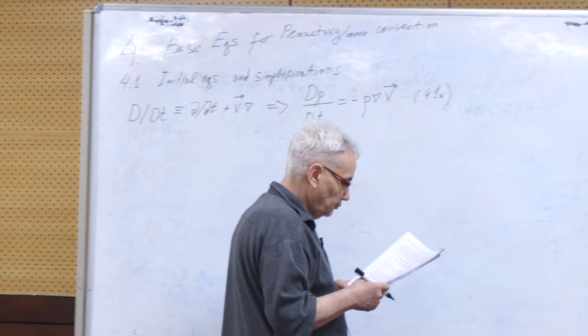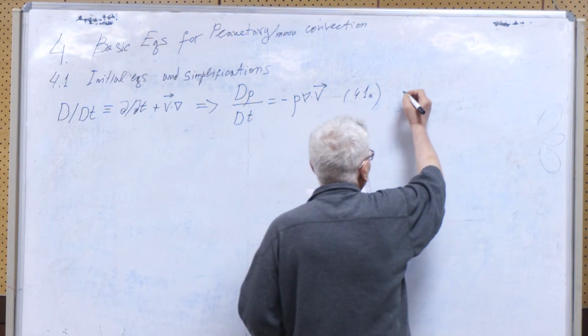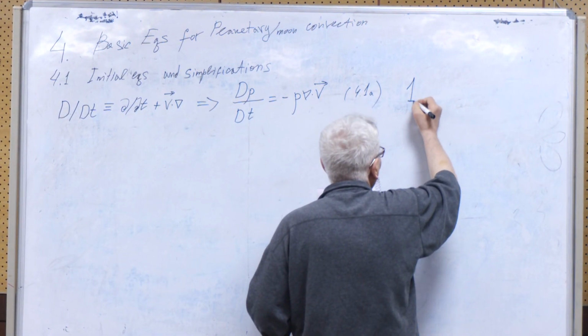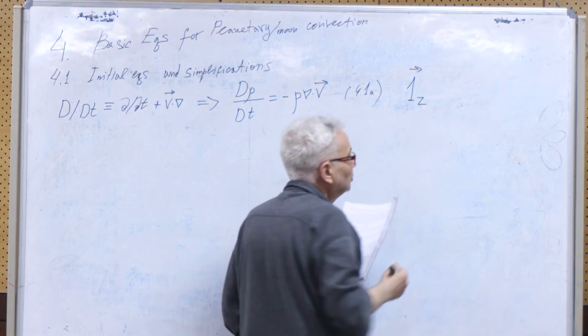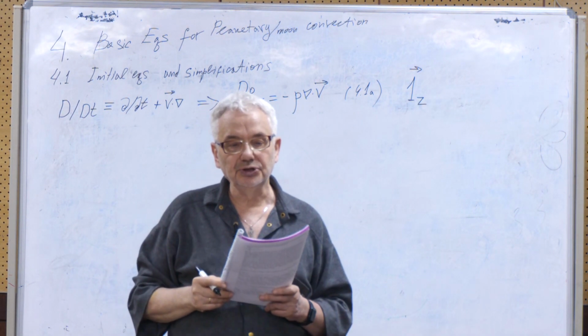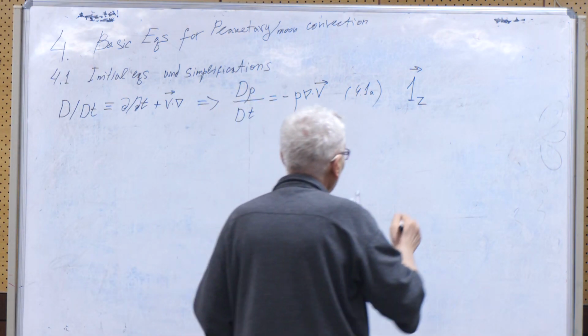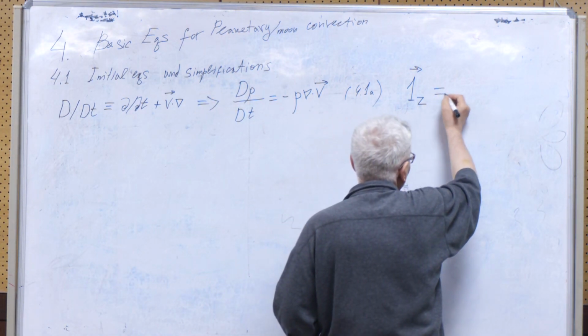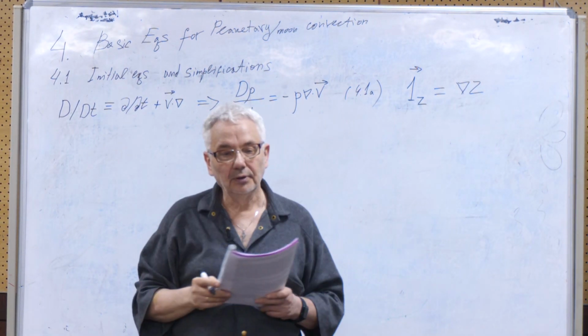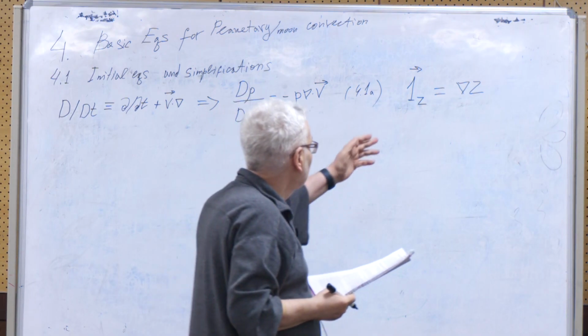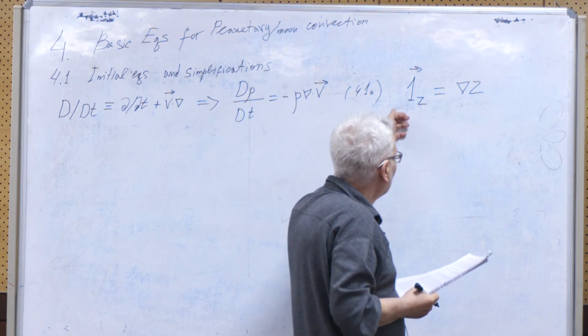Maybe a more general notation for this vector is like that. Of course, in my notation it would be grad z. I think that it's more convenient, but the other is more commonly used.